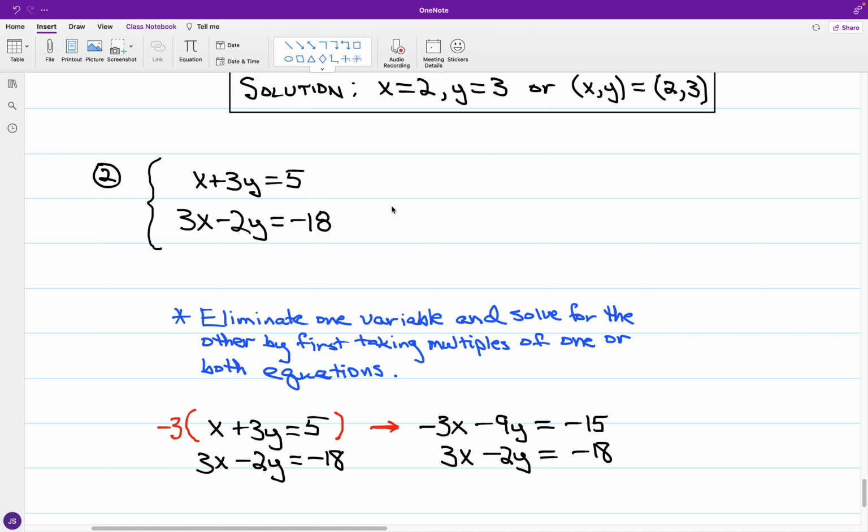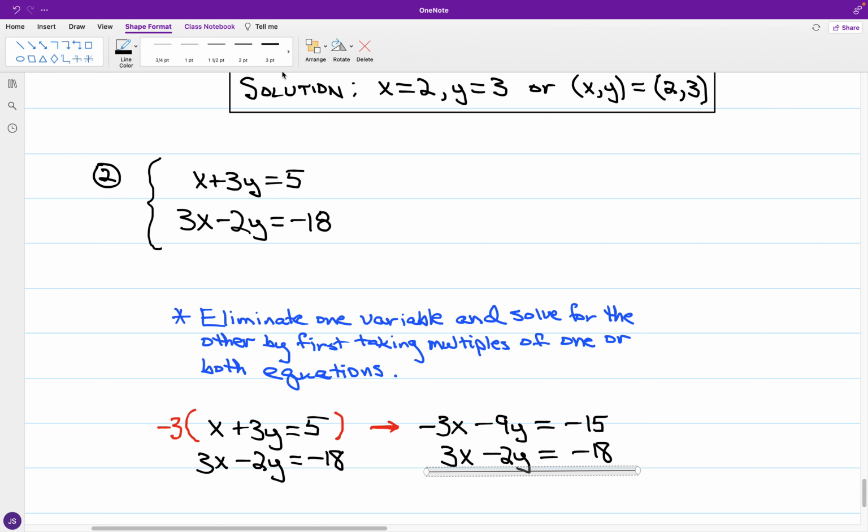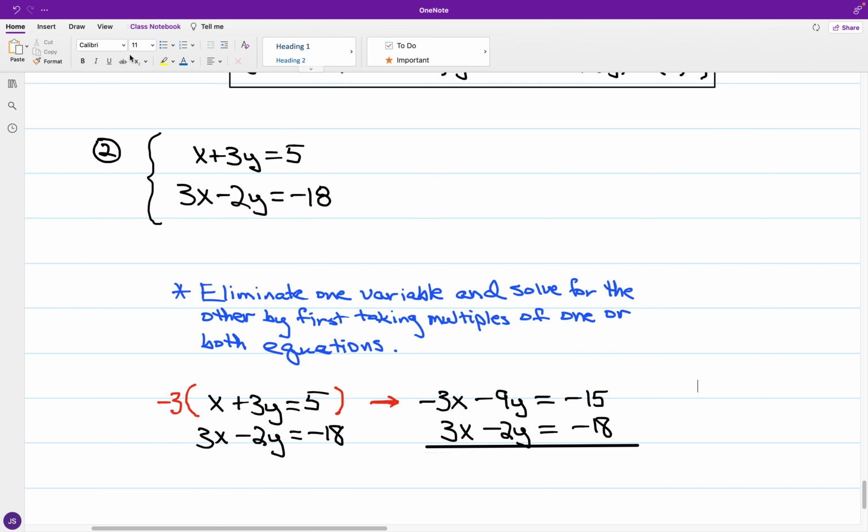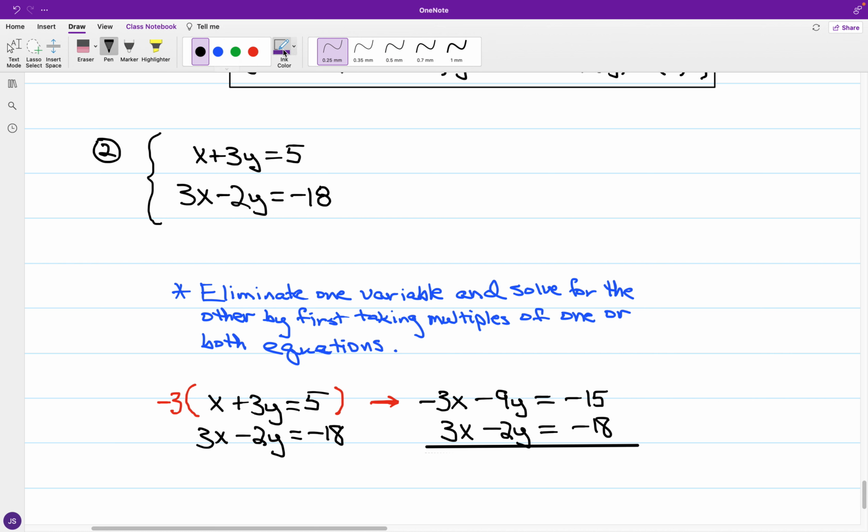Here I can add the equations together. Negative and positive 3x go out, and negative 9y plus negative 2y is negative 11y. So we have negative 11y is equal to negative 15 plus negative 18, which is negative 33.